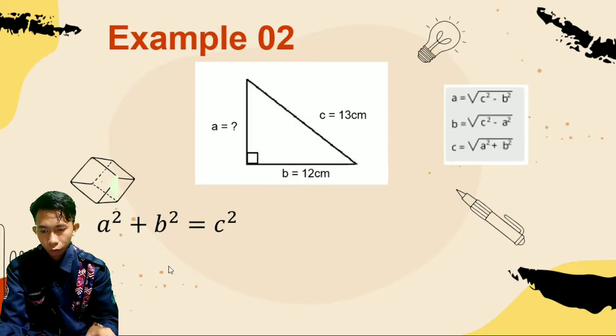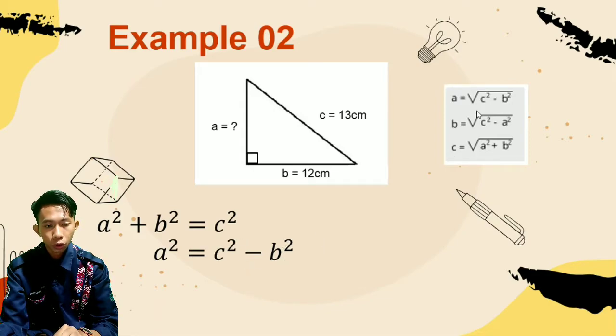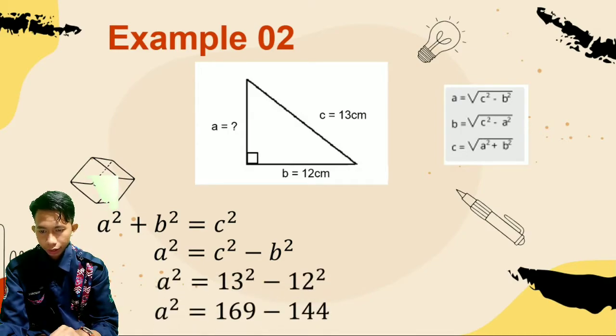So we got A squared equals C squared minus B squared. It doesn't matter if you put the square root in the beginning or in the end. The result will be the same. So we know that C is 13 centimeters and B is 12 centimeters. Now we're going to substitute the values into the formula.